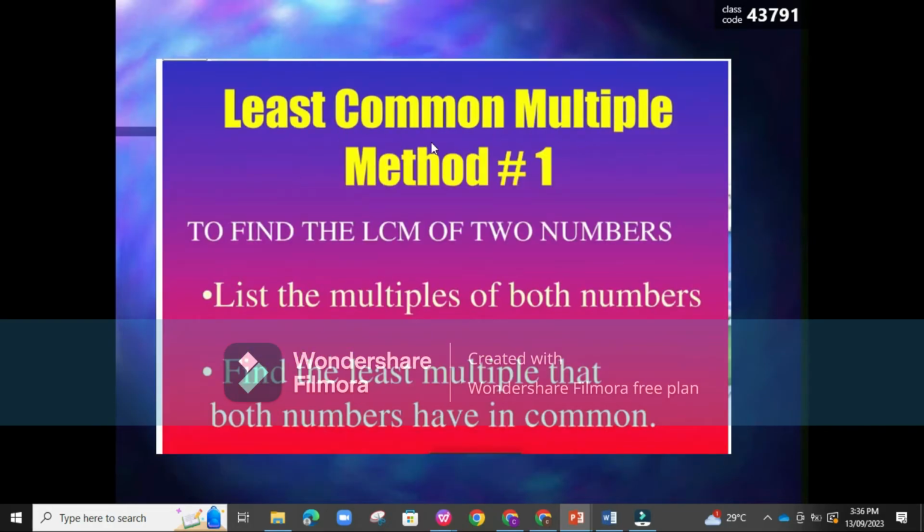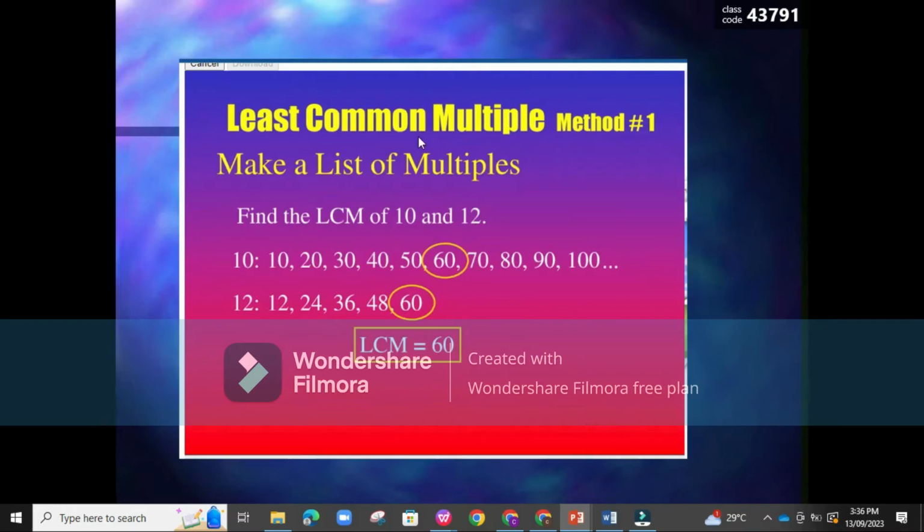The least common multiple method number 1: to find the LCM of 2 numbers, first list the multiples of both numbers. Then find the least multiple that both numbers have in common. So for method number 1, make a list of multiples, or we call it the listing method. Find the LCM of 10 and 12.